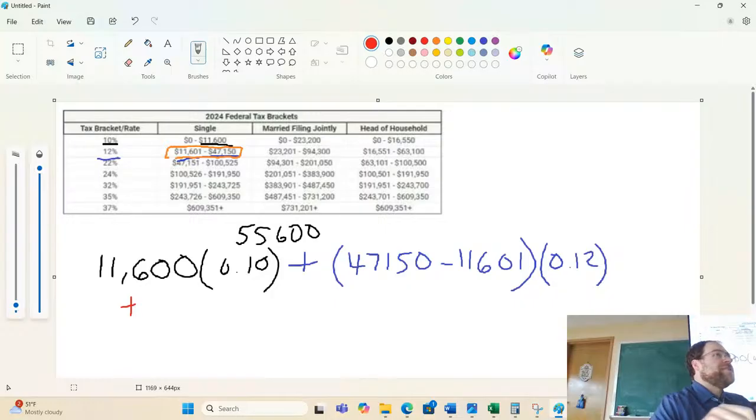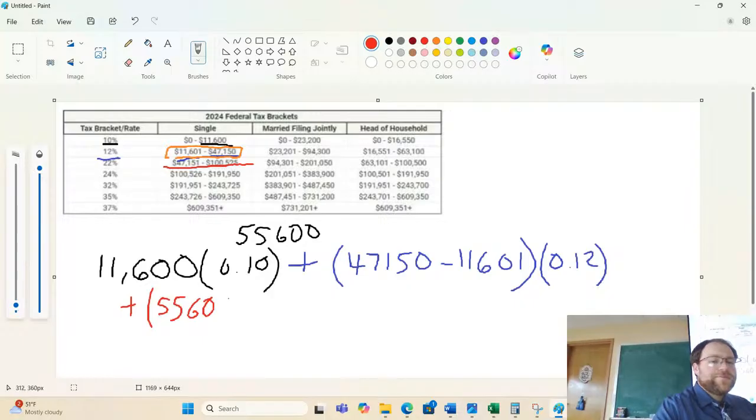and then 55,600 falls in that third bracket there, right? From 47,151 to 100,525, so it would fall in there. Okay. But we only need to go up to the 55,600 number.